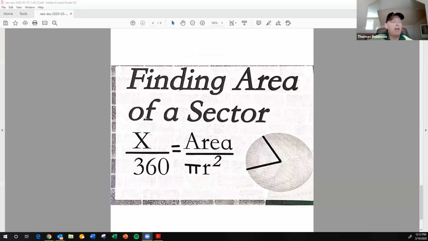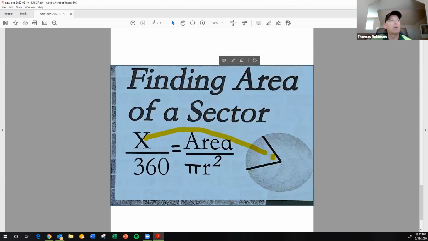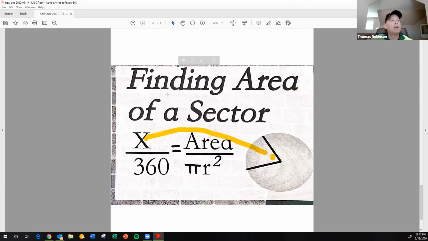This is saying that if I have an angle x, and by the way, that angle would be right here, so x would go right there. If I have a certain angle there, then it is the same proportion of the circle as my area is of the entire area of the pizza.